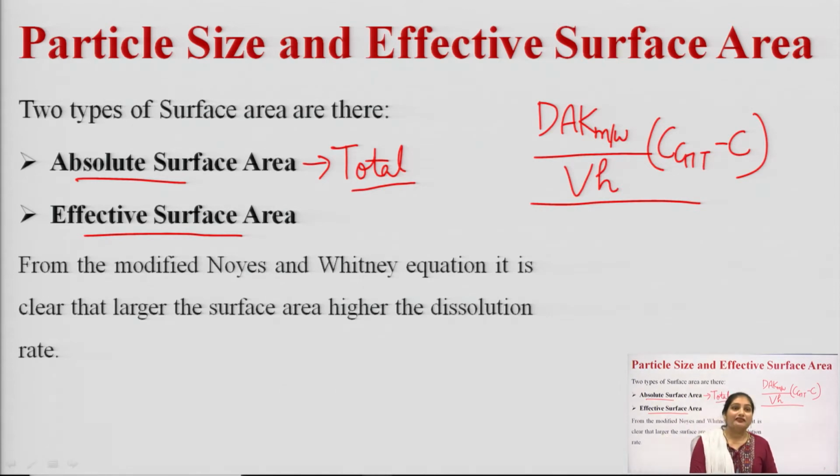And we can increase the surface area. How? By micronization. Micronization is the process by which we can increase the surface area, because we are reducing the particle size.